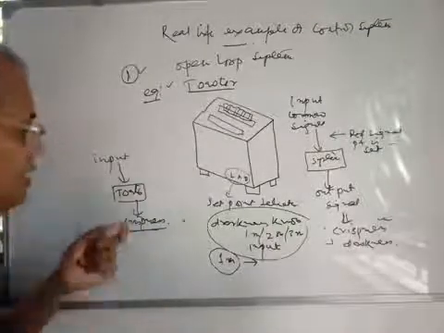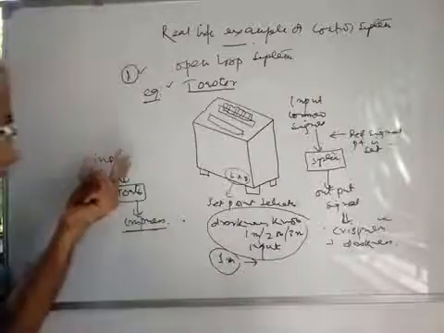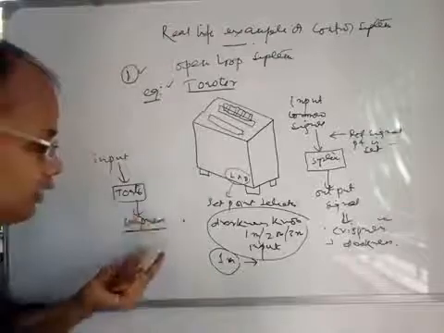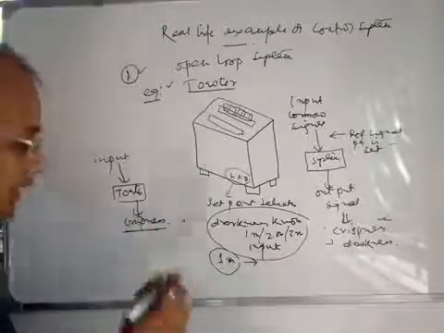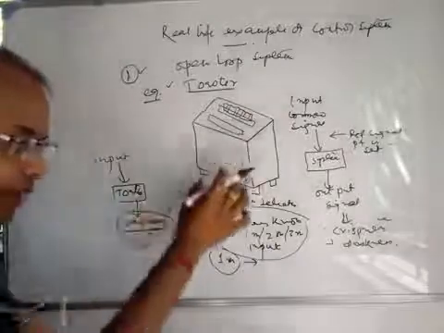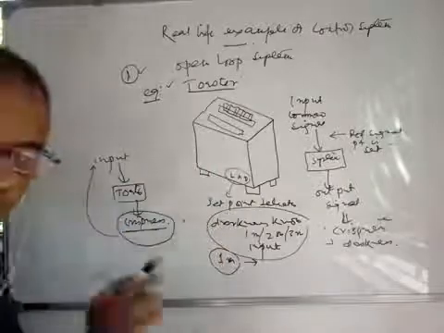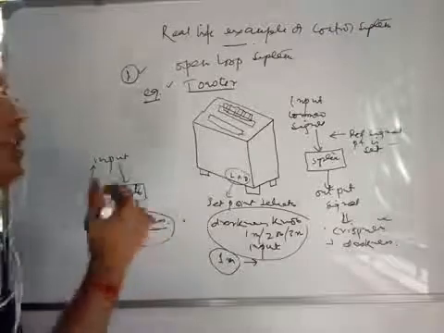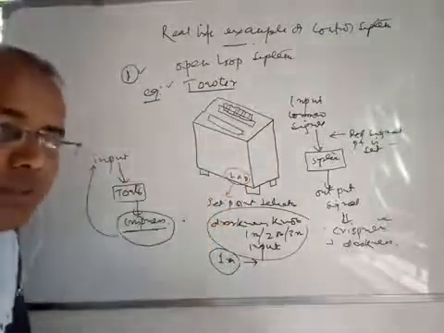Maybe it requires some extra time to give you more darkness, or maybe less time to give you your desired specifications. So actually, the amount of crispness it is making is not conveyed back to the input to control the knob. That is the problem with the open loop system. So that is the real life example of an open loop system.